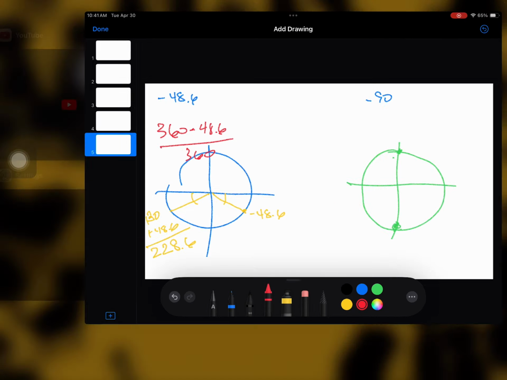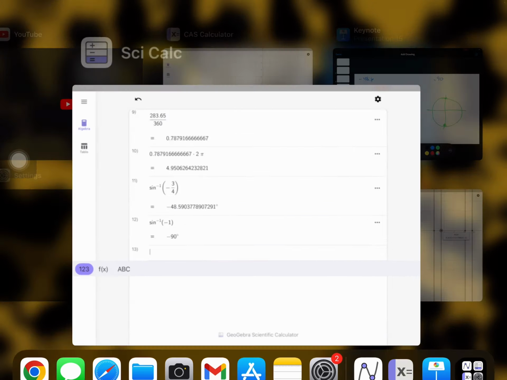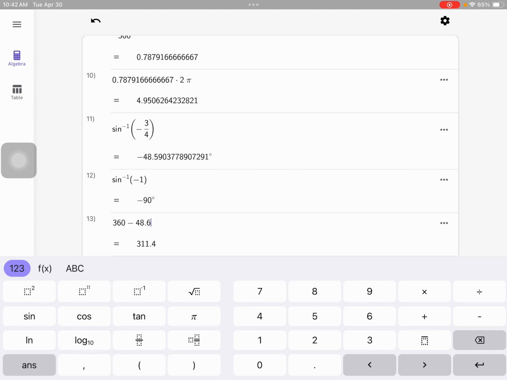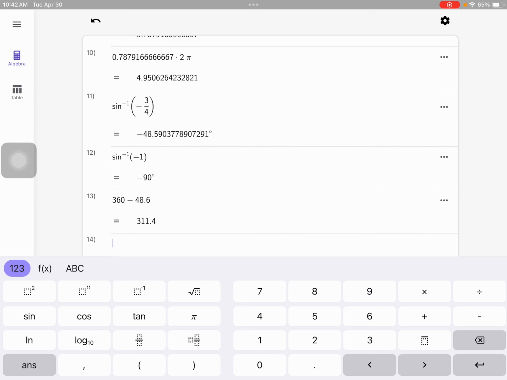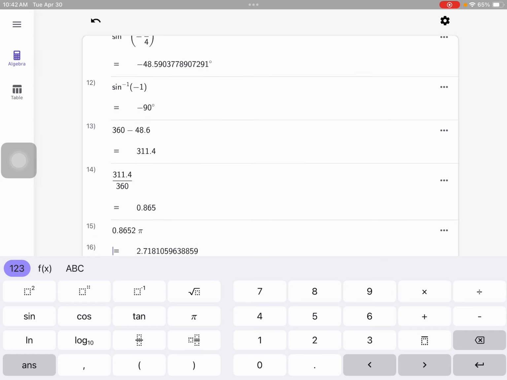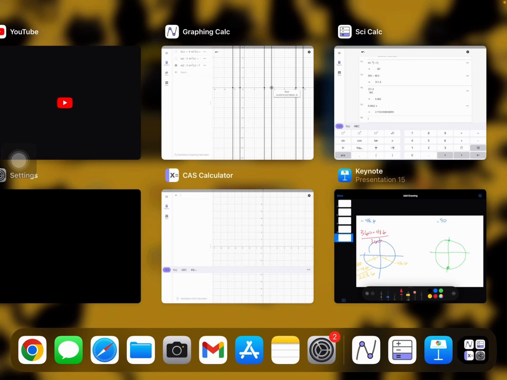Back to the calculator. 360 minus 48.6 gives us 311.4. We're going to divide that into 360. Get 0.865. We're going to multiply that by 2 pi, and 2.71, 2.72, 2.71.